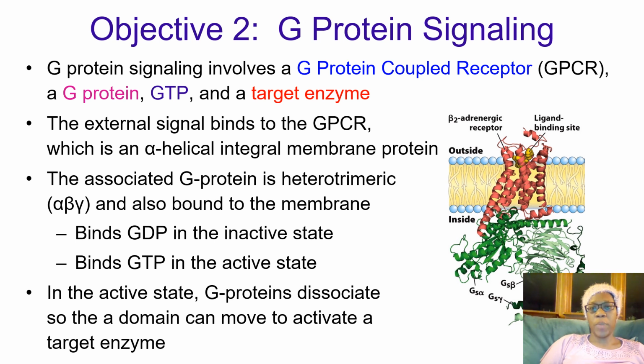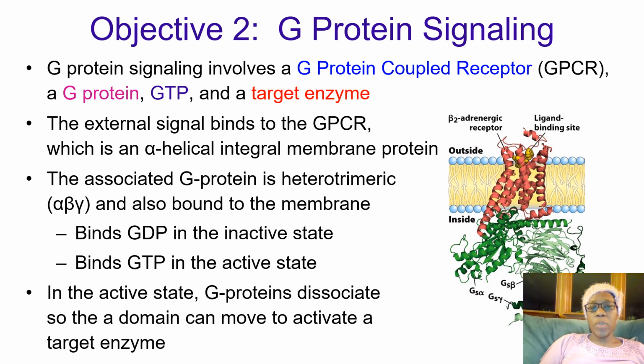So we have our receptor on the outside of the cell, which spans through the whole cell membrane. It's associated with a G protein, called a G protein because it binds GTP. And that G protein has 3 subunits: an alpha subunit, a beta subunit, and a gamma subunit.